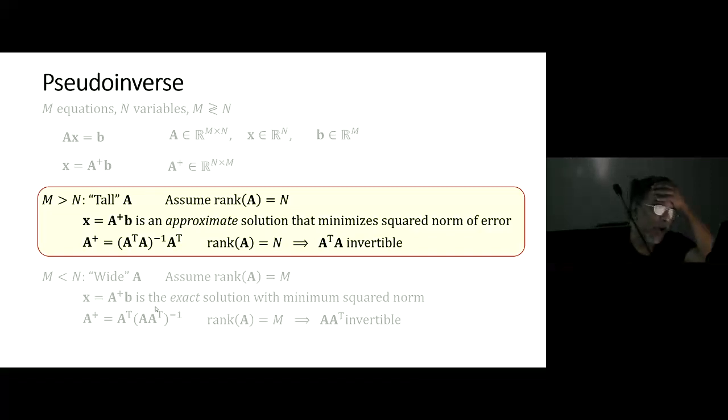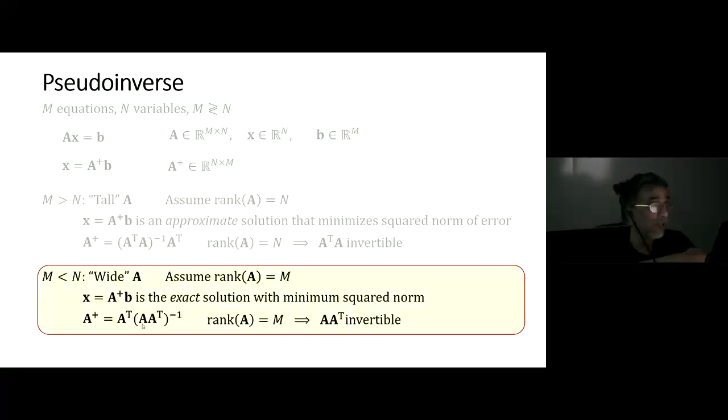Okay. Now, when m equals n, in that case, both of these expressions reduce to A inverse. Because if A and A transpose are both square matrices, then you can open up the parentheses, swap the A and A transposes, and so you have A transpose inverse A inverse.